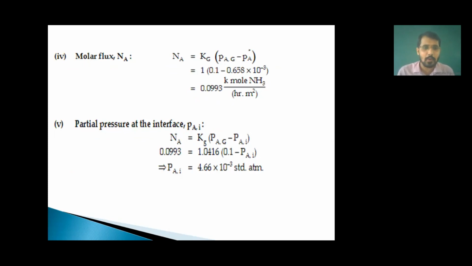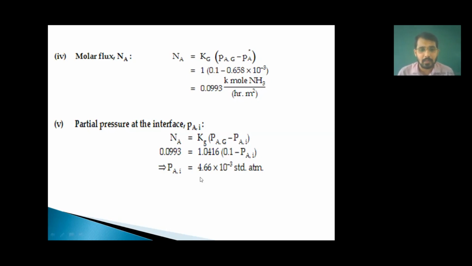Next calculation is for the partial pressure at the interface. This question can be asked for 7 marks, so be careful, you have to calculate all these terms. The fifth term is the partial pressure at the interface, PAI. How to calculate this? We have the formula NA is equal to kg into PAg minus PAI. So 0.093 is equal to 1.0416 into bracket 0.1 minus PAI.